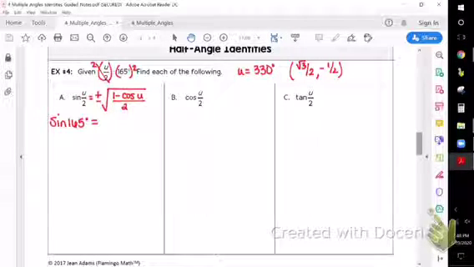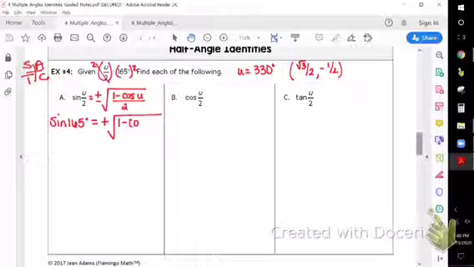And is sine positive or negative in quadrant 2? Well, remember, all students take calculus, right? So sine is positive. So we know it's going to be a positive square root of 1 minus cosine. We already found u. We said it was 330 degrees, all over 2.